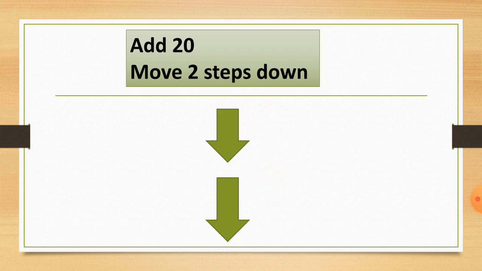Hope you understood this concept. It depends on how much you have to add. If it is 10, you go down 1 step. If it is 20, you go down 2 steps. If it is 30, you go down 3 steps. Whenever you add numbers, you go down the steps.